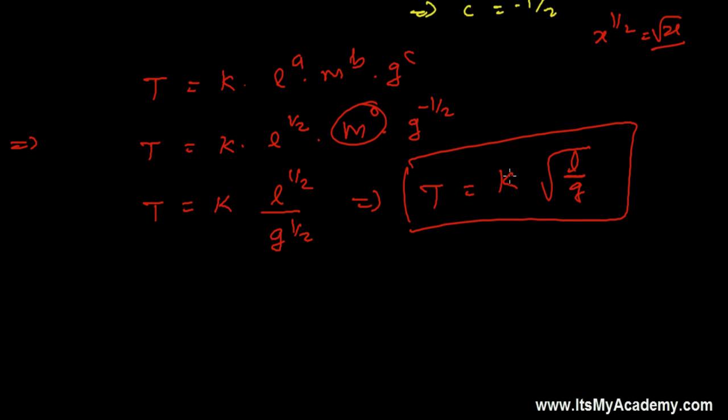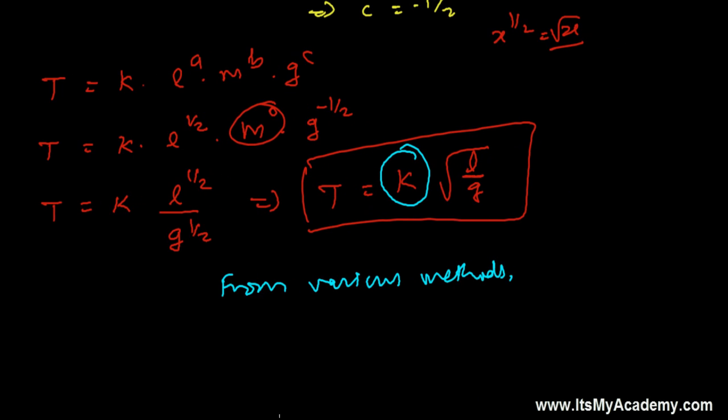Let me tell you one weakness of this dimensional analysis: we cannot find the value of the constant. I mentioned this in the previous video also. We don't know the value of the constant. From experiments and from various methods, we know the value of k as 2 pi.